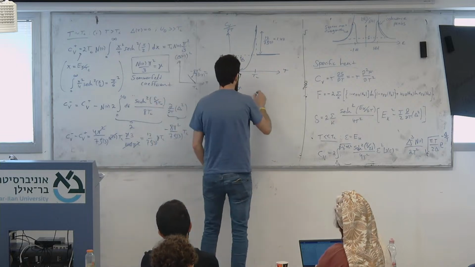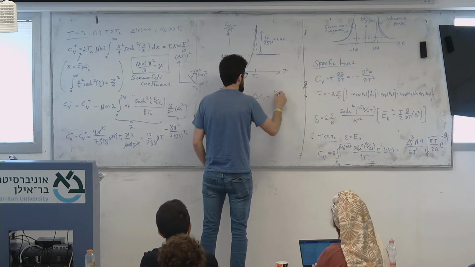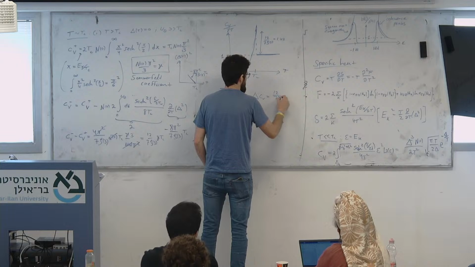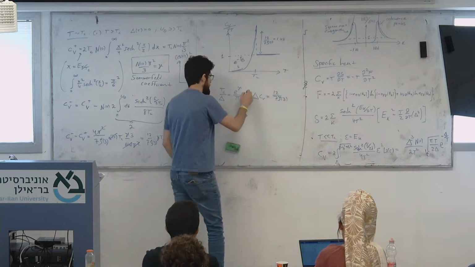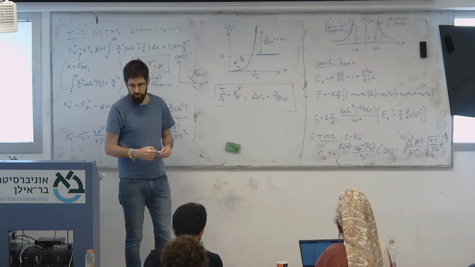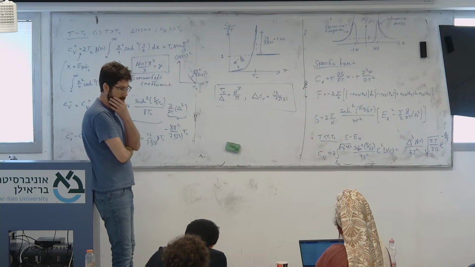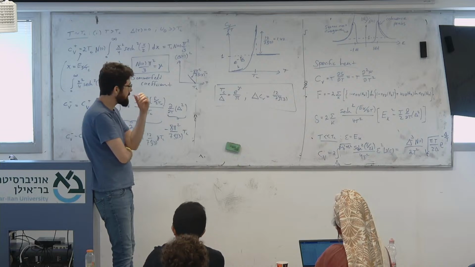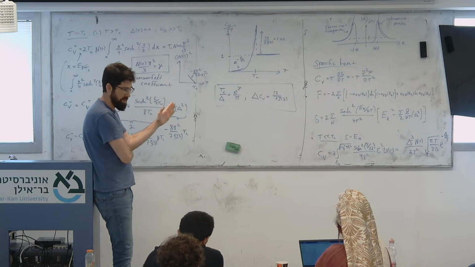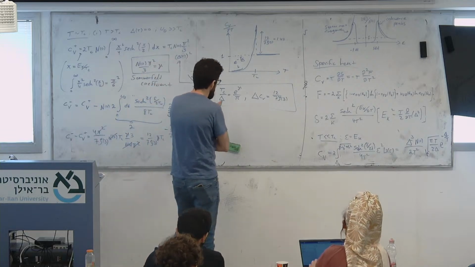And the second one is that delta Cv, the jump in the specific heat, is 12 over 7 zeta of 3. Which is quite amazing if you think about it. For anybody writing a theory, this is the kind of thing that you want to produce. You can just go to an experiment and measure. This is a very, very sharp prediction.